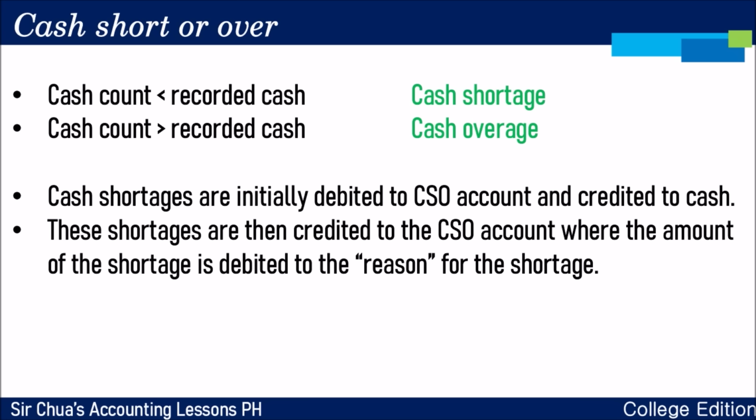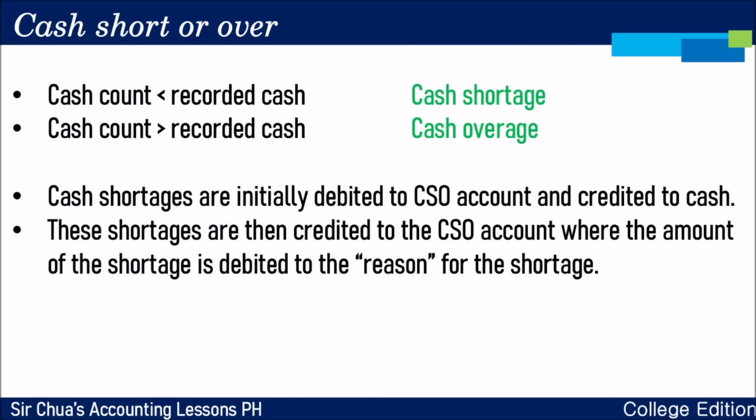For example, di ba una nating entry naka-debit sa cash short or over account? Tapos, na-investigate na talagang nawala pala yung pera at hindi alam kung saan napunta. So, that is already a loss for the company. So, ang mangyayari, you debit the reason of the shortage. Debit loss, credit cash short or over. Okay? Para mawala na siya dun sa cash short or over account, na ilagay mo na properly yung debit based on the reason of the shortage.